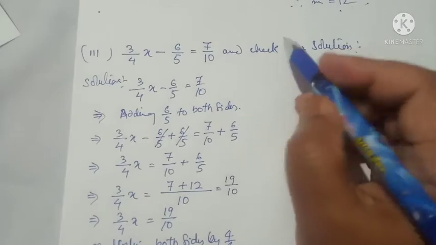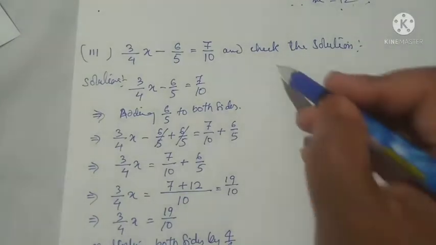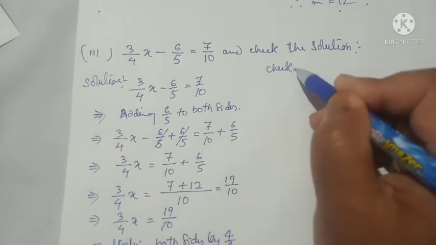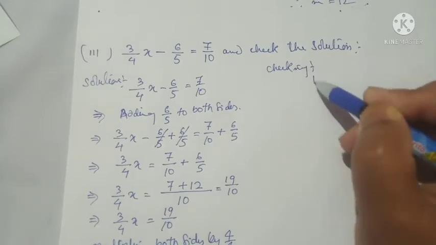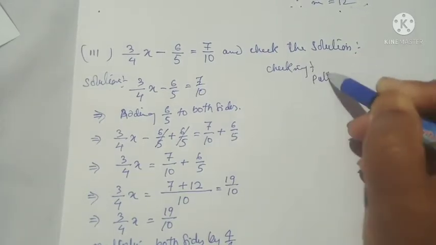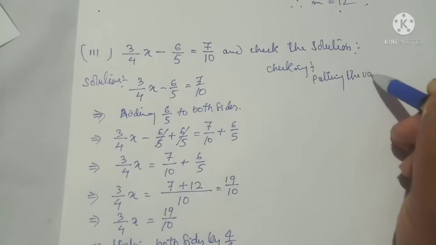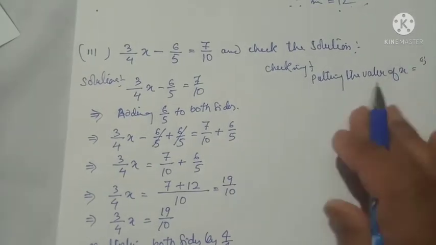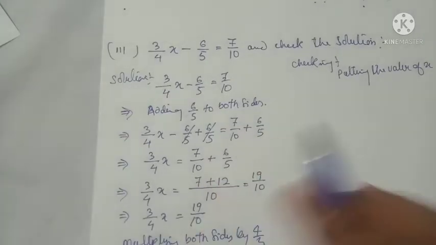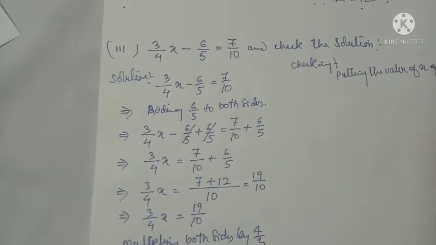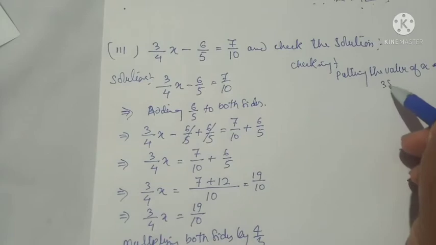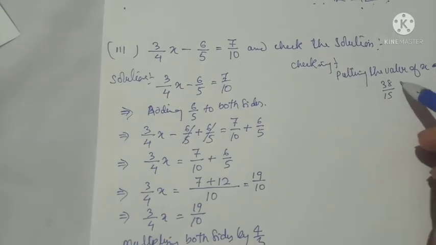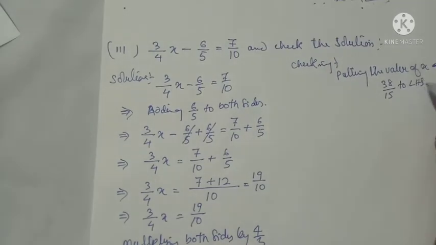Checking. Putting the value of x, that is 38 by 15, to the left hand side.